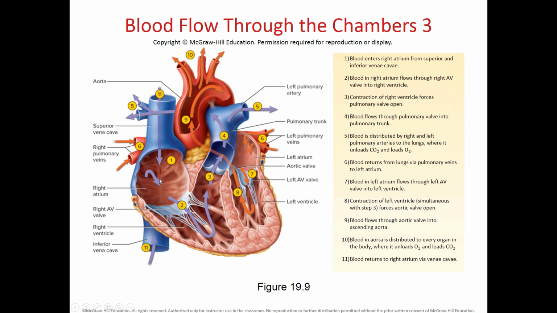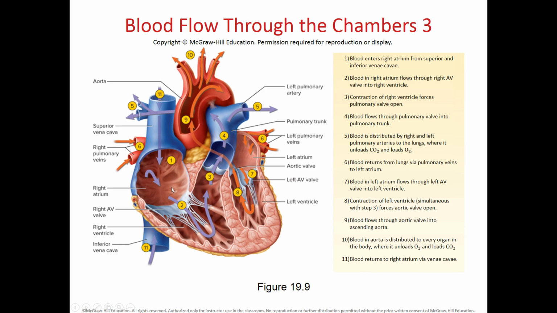So in here, in number 1, you have the returning of the blood from the body. If it's the inferior portion of the body, you will have blood coming into the heart using the inferior vena cava. And if it's blood coming from the superior portion of the body, meaning anything from the arms and above, the blood comes using the superior vena cava, and then you start filling the right atrium.